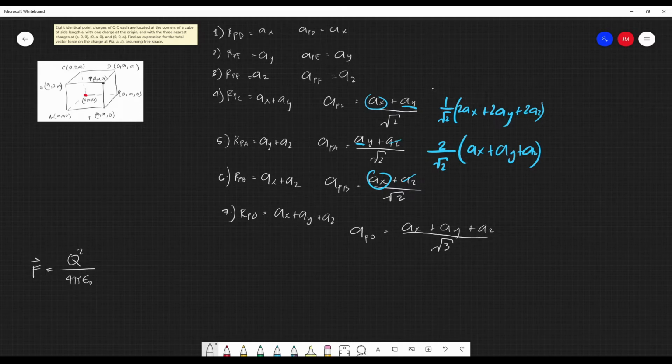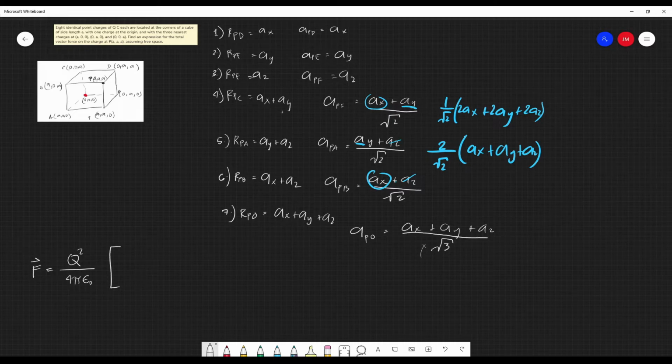Since we already got the unit vectors and the distances, let's raise all the denominators to the power of 3 each.